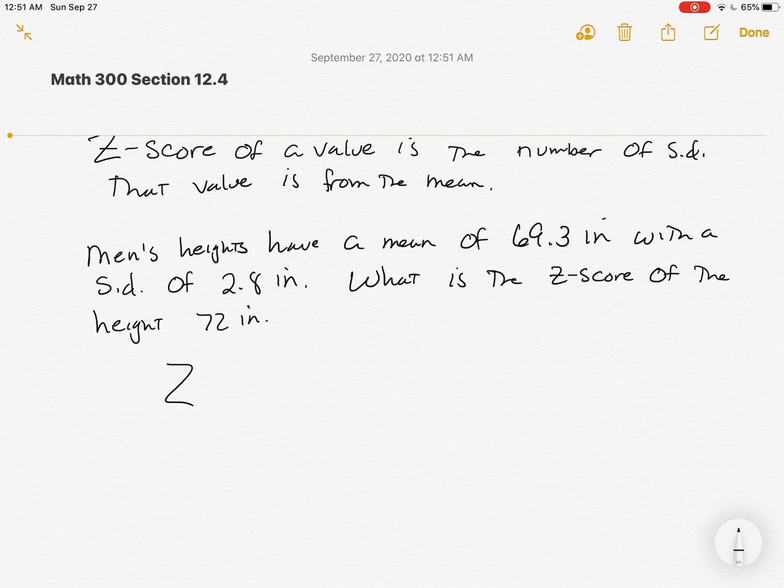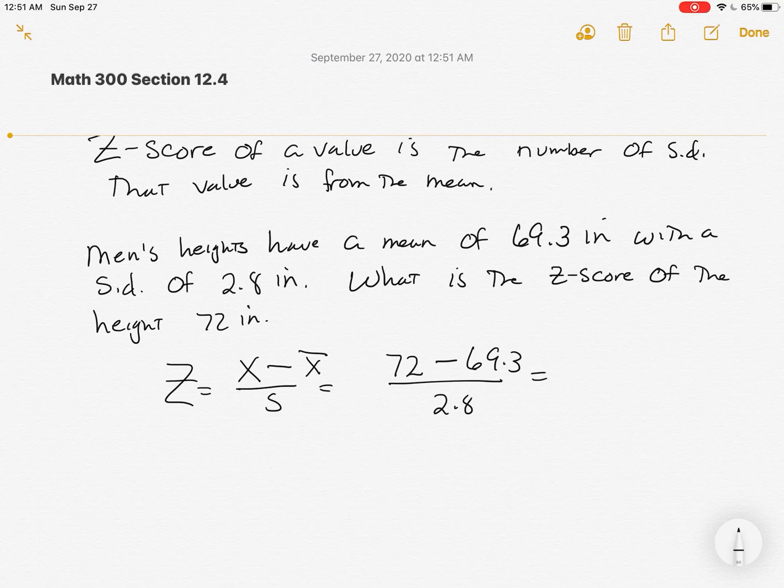The way you find z-scores is very nice. You take your value that you care about, take away the mean, and divide by the standard deviation that they gave. So what do we care about? We care about 72. We're going to take away the mean that they gave us and divide by the 2.8. We're going to figure out how many 2.8s are in there. So 72 minus 69.3.